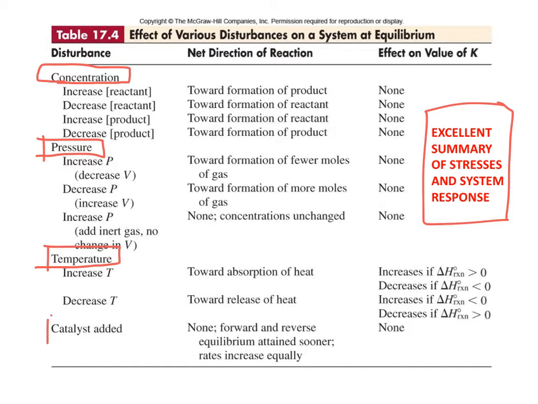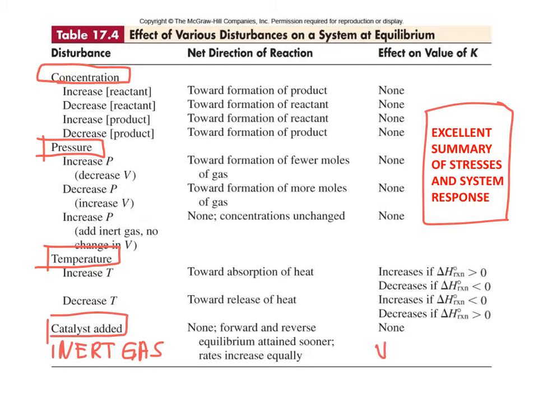We see you can add a catalyst. And there's one here where they talk about the addition sometimes of an inert gas. This would be in a gaseous system. There's some examples that we'll look at, but generally an inert gas, if it's not involved in the equilibrium expression at all, will have no effect.